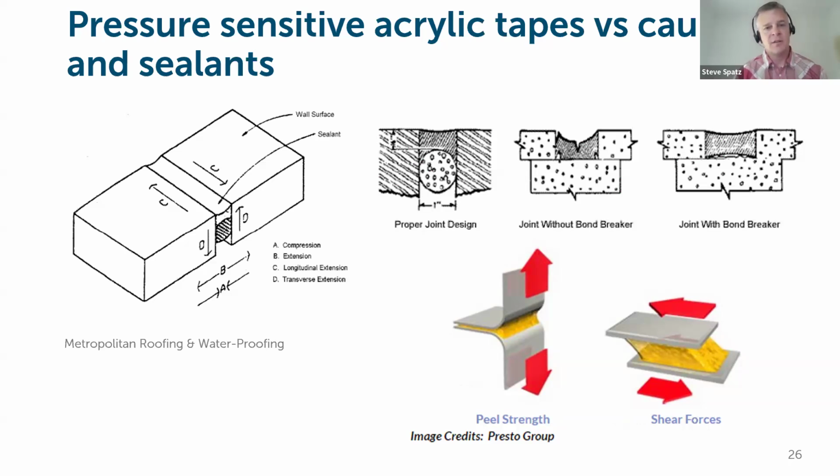The idea of caulk is to bridge the joint between two materials that will move, create a bond to each of those materials, and then stretch with those materials as they move. But inevitably, caulking is typically bonded on all three sides. And then when the material moves, there's not a bond break there, and the caulking rips and that gap opens up.